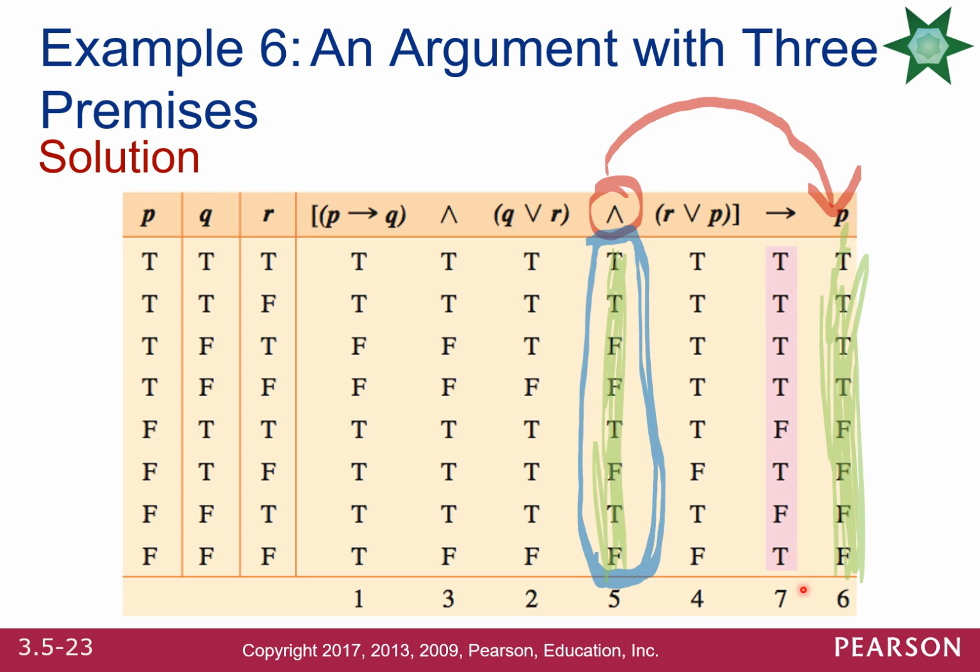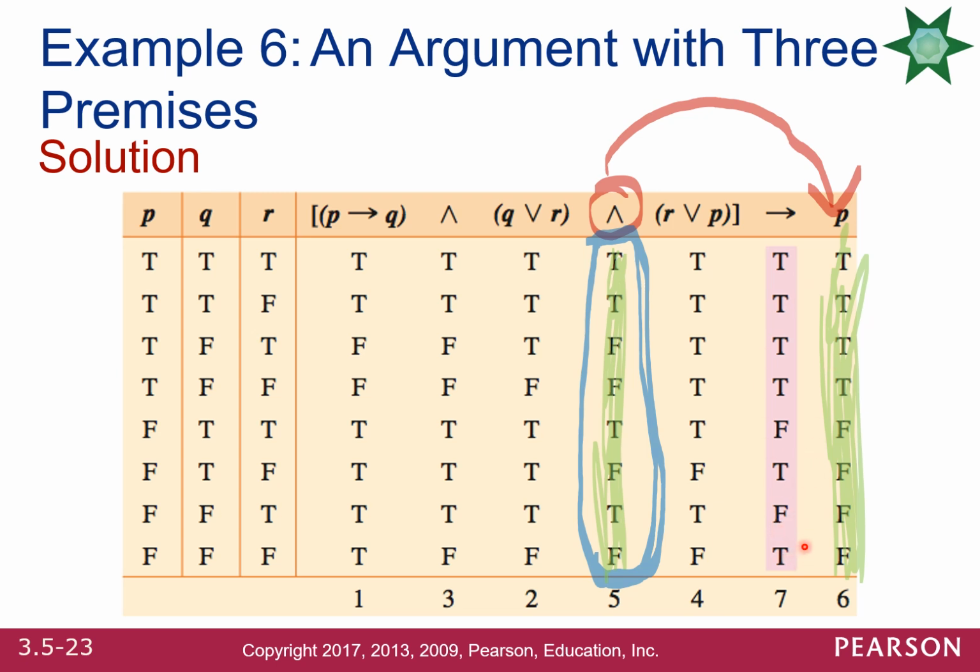All right, so this is the last step, the 7th step. Then we look at the truth values and see if all of them are true. If all of them are true values, then we would consider it a valid argument, a tautology.